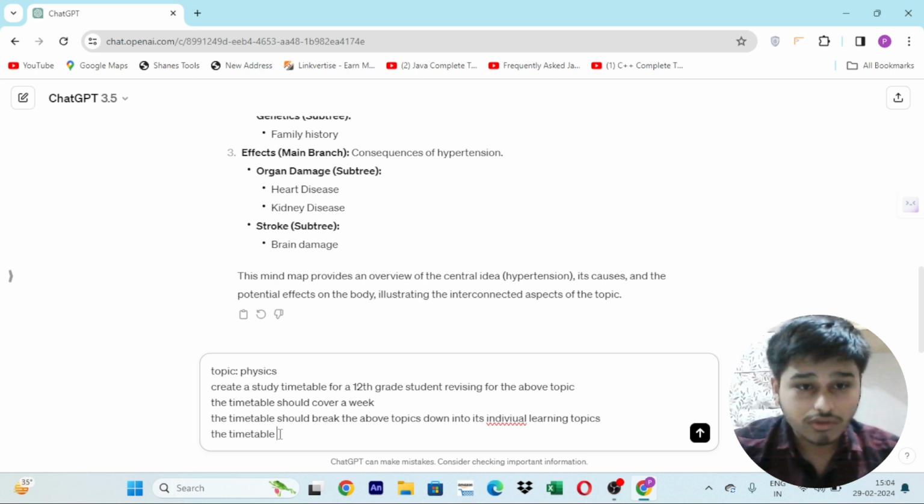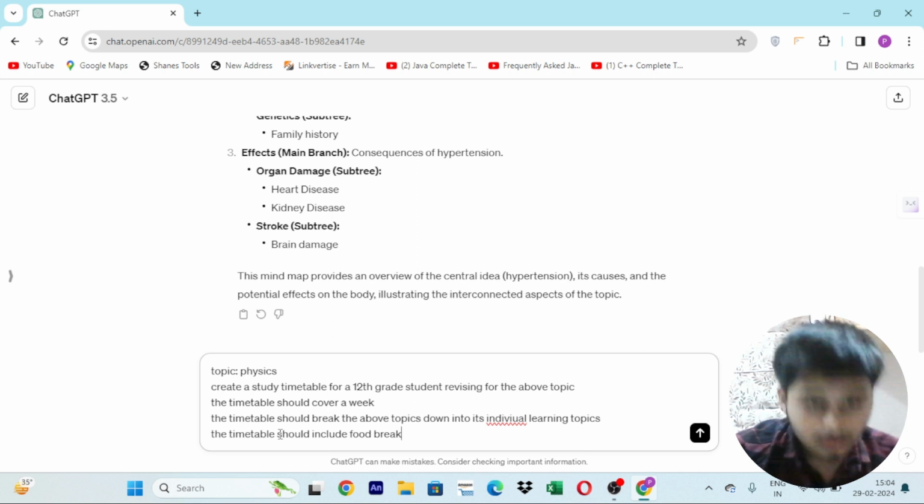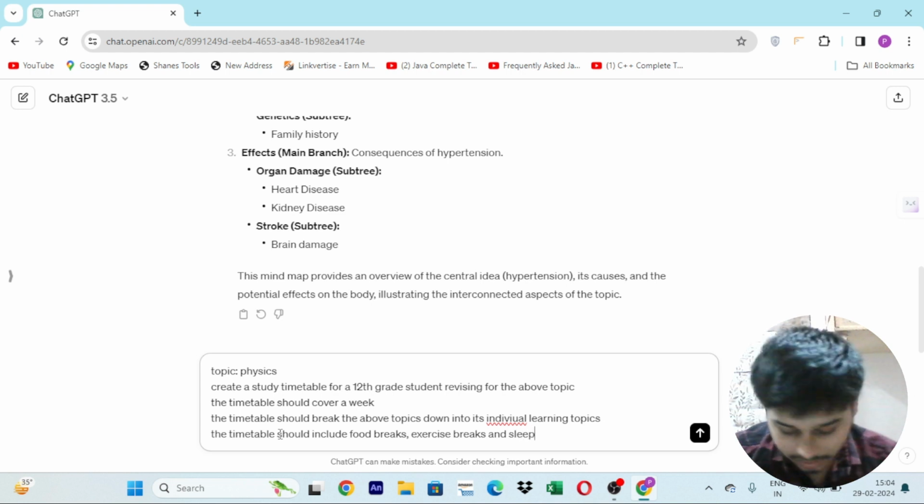Okay, suppose the timetable should include food breaks, exercise breaks, and sleep. Right, then shift next.